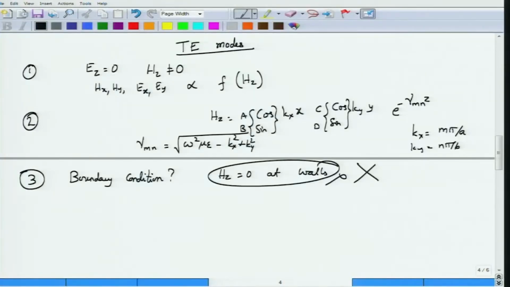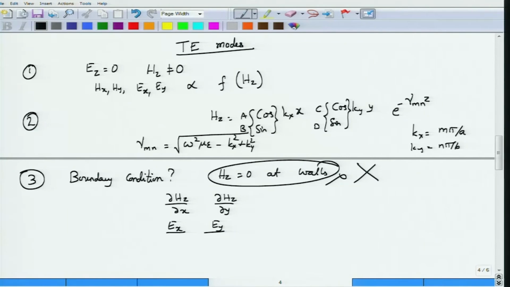So what do we do? Here we need to either resort to a formal solution of Hz, write down the appropriate Maxwell curl equation and then find a new boundary condition for Hz, or we might recognize that del Hz by del x and del Hz by del y must somehow be related to Ex or Ey, correct? If they are related to Ex and Ey, for those conditions we might want to obtain the boundary conditions.